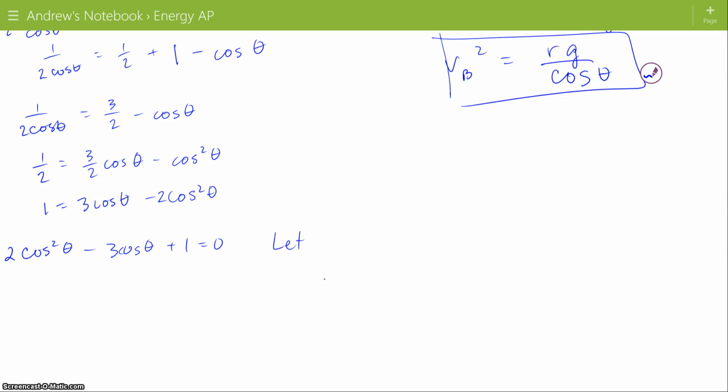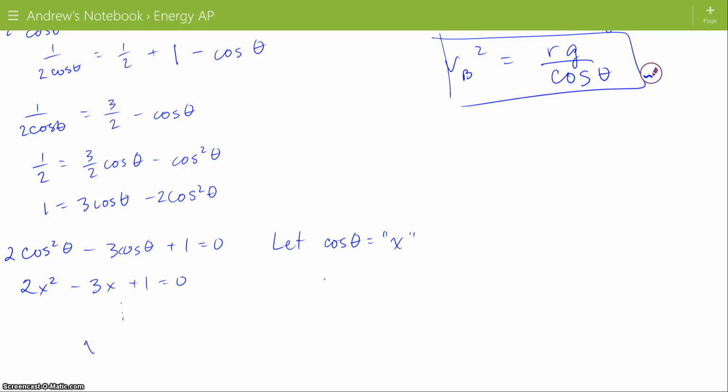And if we let cosine of theta equal what you're probably more familiar with here, x, you get 2x squared minus 3x plus 1 is 0. This is just a quadratic formula. Plug this into your quadratic formula. I cheated. I used an online calculator for it.